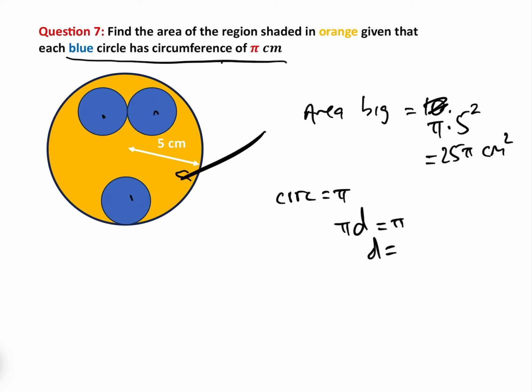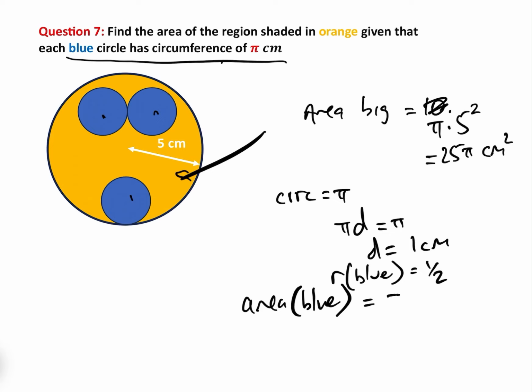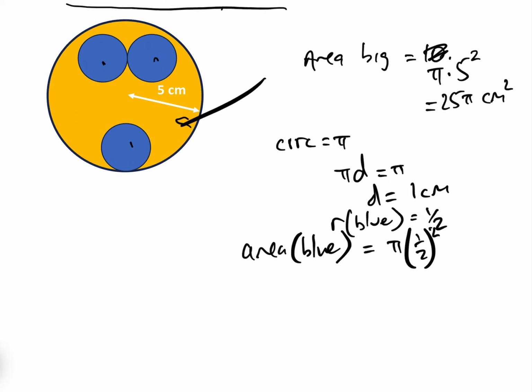So therefore the diameter of the blue is equal to 1 centimetre. So the radius of the blue circle is equal to half a centimetre, and therefore the area of the blue is equal to pi times the radius squared, and there are 3 of them.